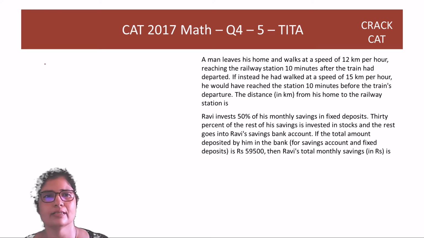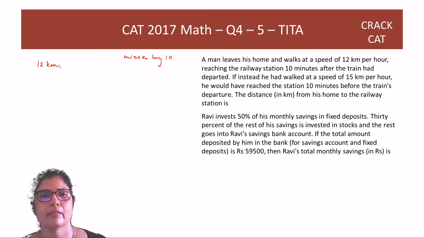So he walks at 12 kilometers per hour and reaches late. Misses the train by 10 minutes, right? If instead he walks at a speed of 15 kilometers per hour, he reaches 10 minutes early.